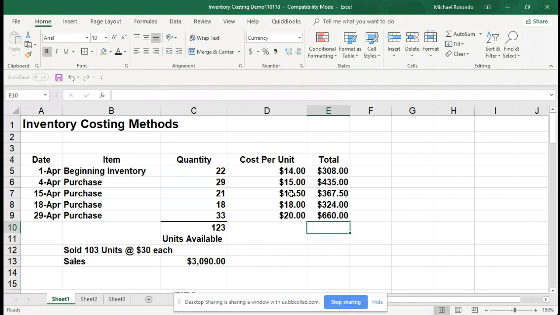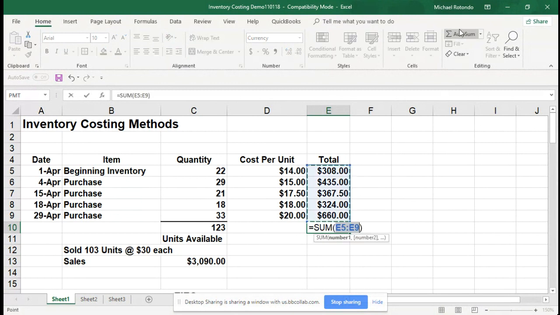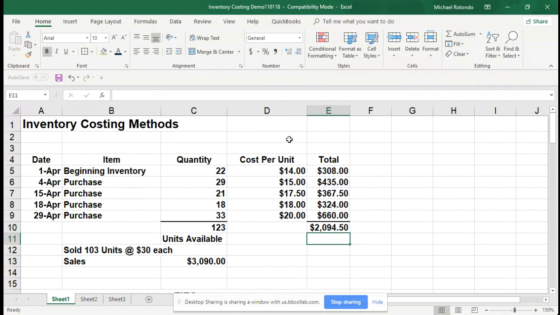Over here, okay, we can see that beginning inventory was 22 and 14, giving us a total of 308. There was a purchase on April 4th of 29 at $15 a piece, giving us 435, etc. So if we total all of these up, that gives us what's called the cost of goods available for sale.